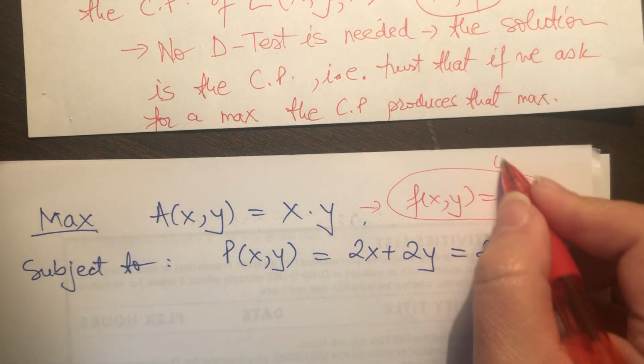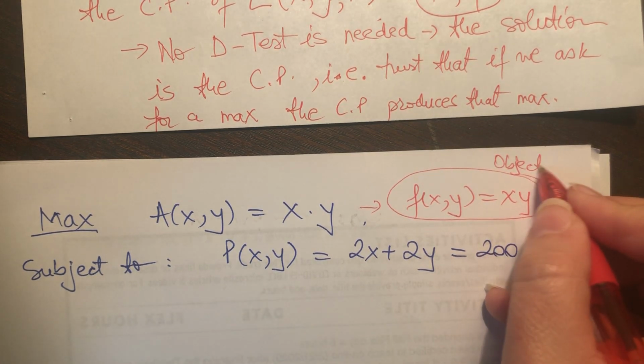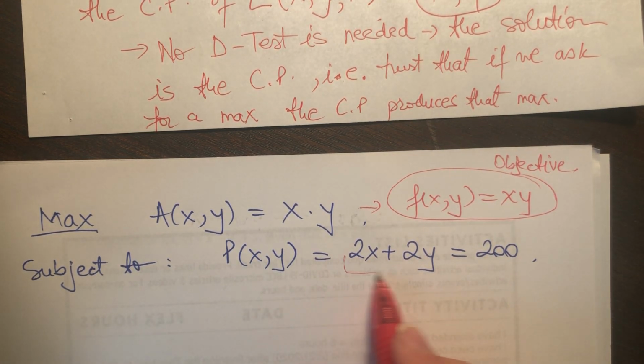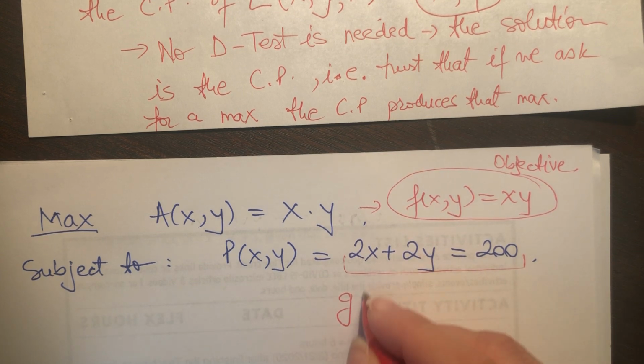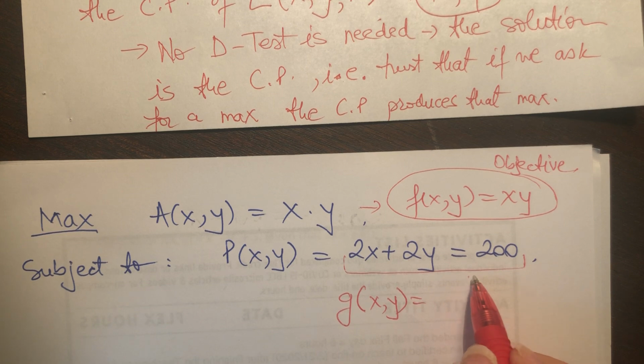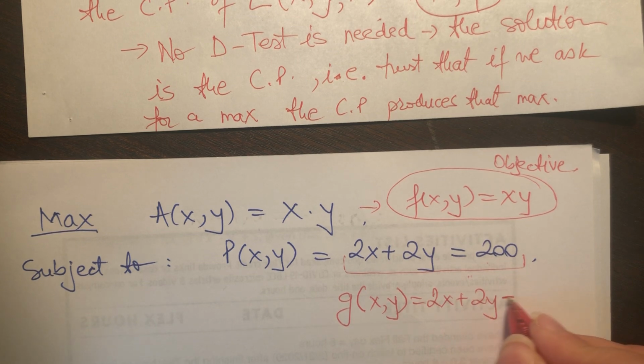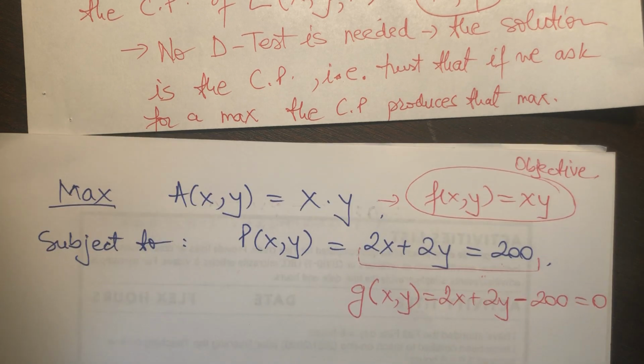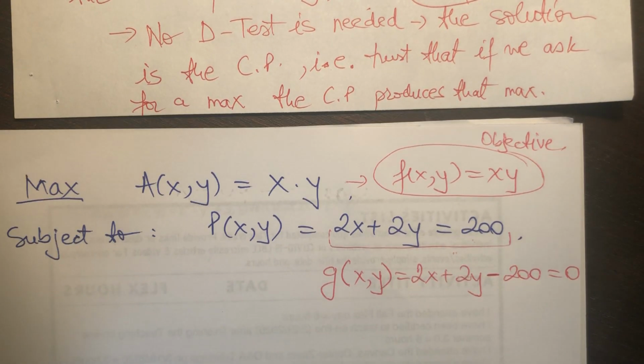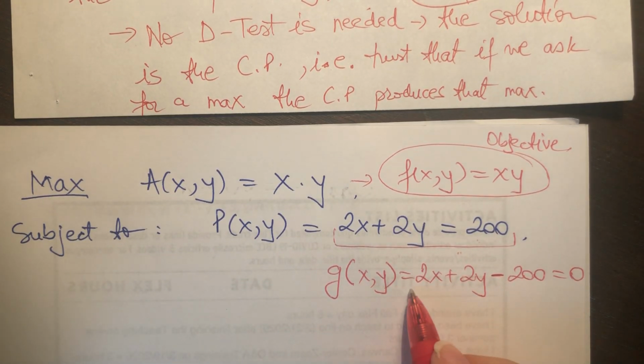That's your objective. And out of this condition, you're going to create yourself a new function, g of xy, which is whatever you would get if you'd set this equal to 0. So in other words, 2x plus 2y minus 200. Yes. So what we're saying is take all terms and throw them all on one side of the equation so you have everything in here.